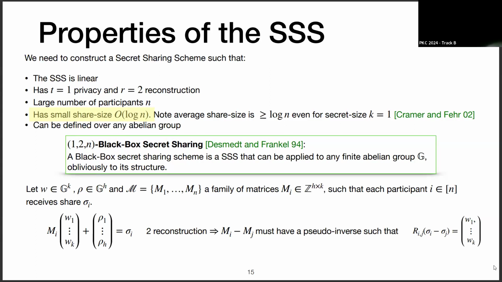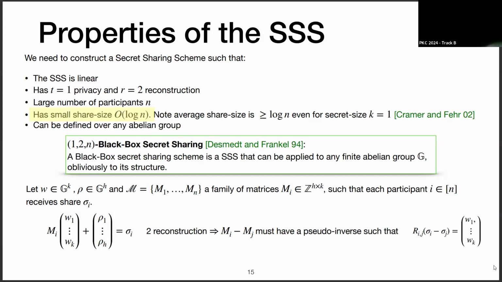So how these secret sharing schemes work is, if we consider n the number of participants, we'll have a family of matrices M1 to Mn, so that for each participant i, the share is going to be given by the matrix Mi times the secrets plus some randomness. Since we would like to have 2 reconstruction, this implies that given any two different matrices, the subtraction of them must have a pseudo inverse.